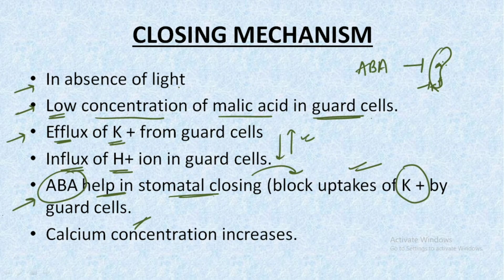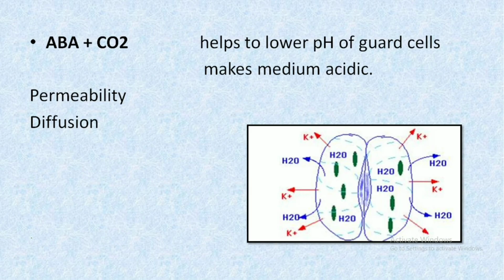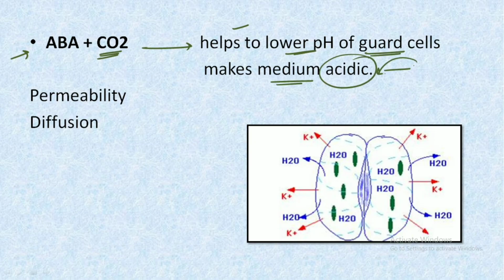And also along with the abscisic acid we have the calcium ion concentration getting increased in the guard cells, and now the abscisic acid along with the carbon dioxide helps to lower the pH of the guard cells, which makes the medium acidic, the complete opposite of what we have studied in the opening mechanism.